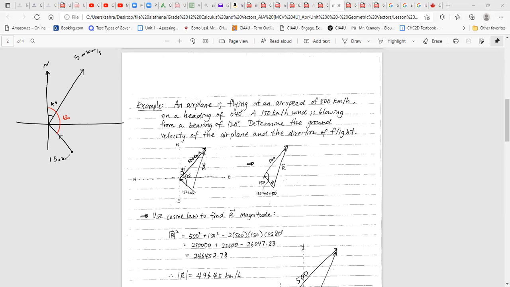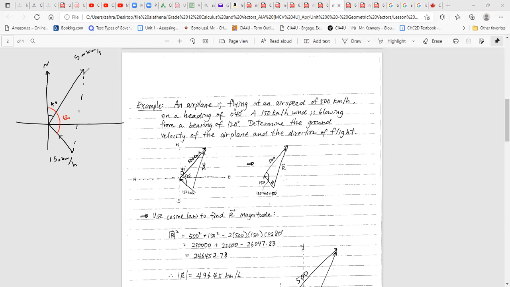Knowing that the airplane is flying with that, and this is wind, the wind is pushing the airplane. That's why an observer on the Earth will see the resultant of adding these two vectors. So the resultant vector is going to be from the beginning to the end.